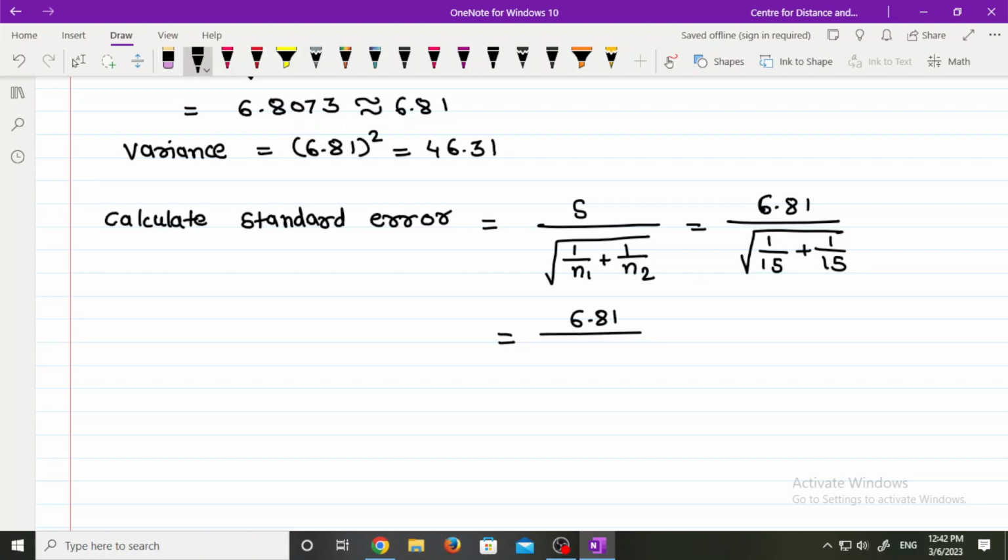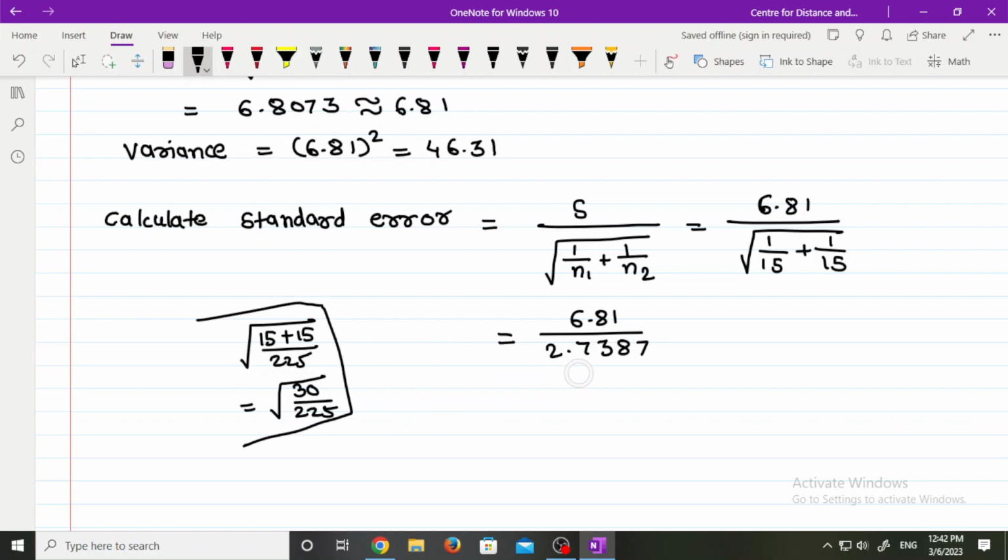6.81 divided by, when we cross multiply these values, the square root of 15 plus 15 divided by 225, that is 30 divided by 225. When we divide 30 by 225, the square root of this value is 2.7387.